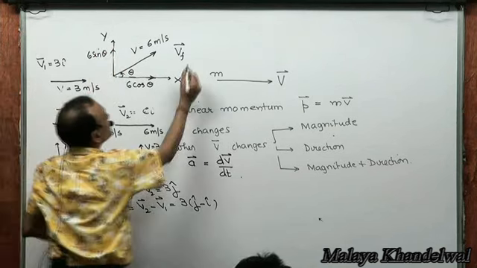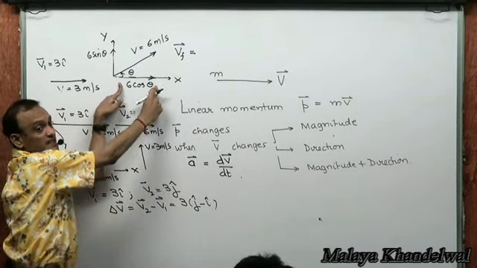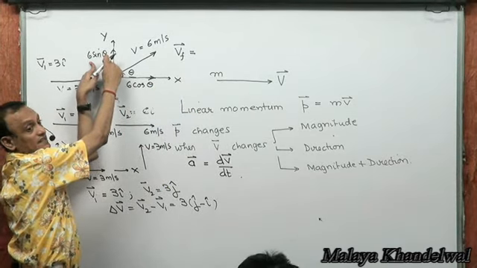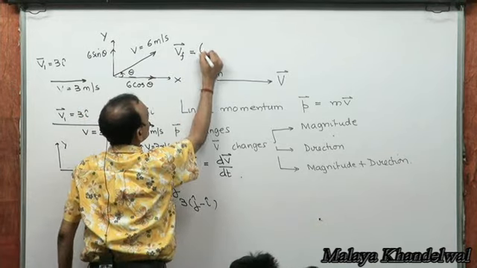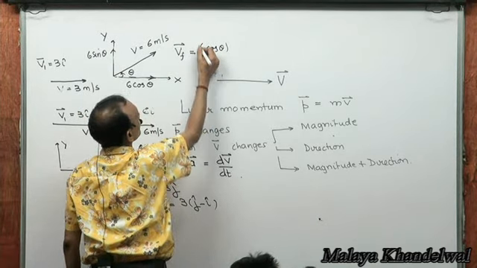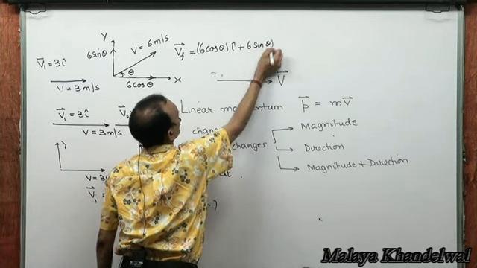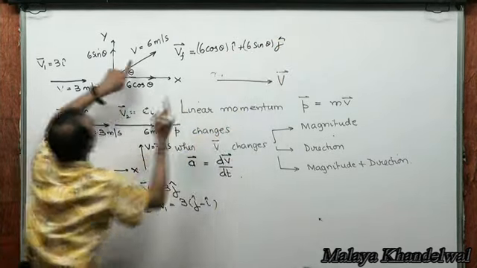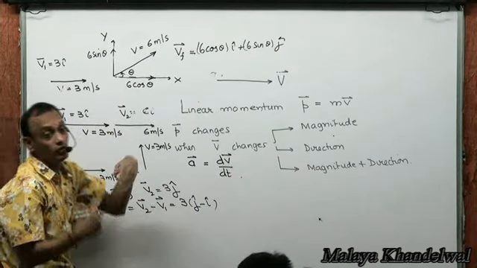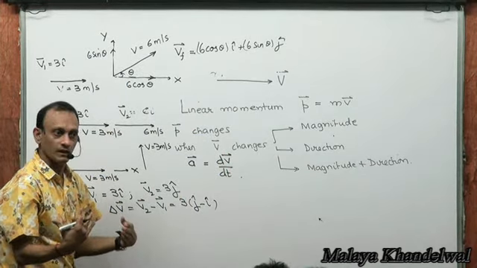So, what's the final velocity? 6 cos theta i cap plus 6 sin theta j cap. And vf minus v1 will give you the change in velocity. Yes or no?